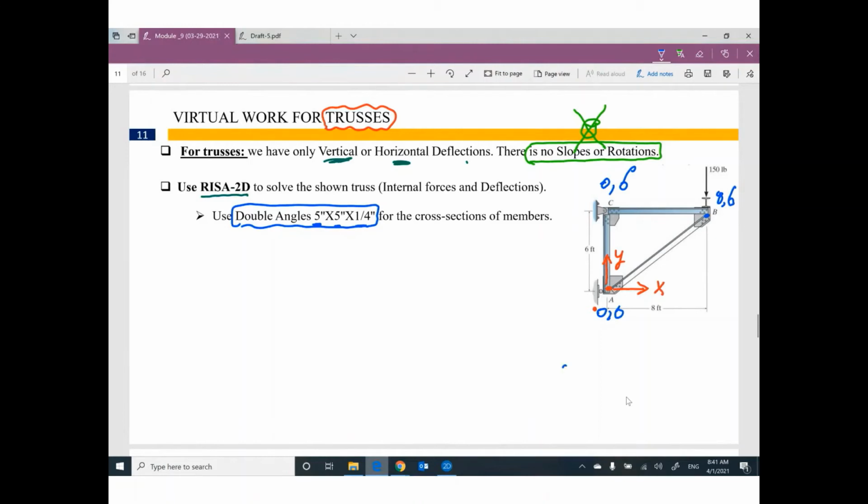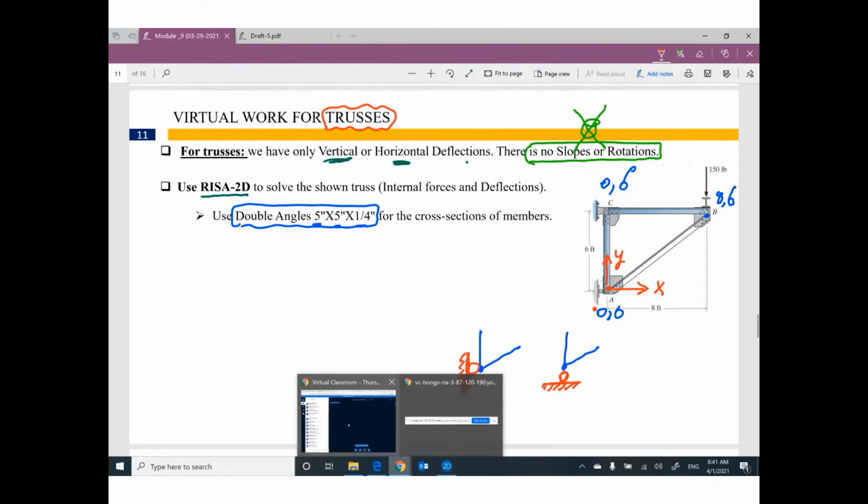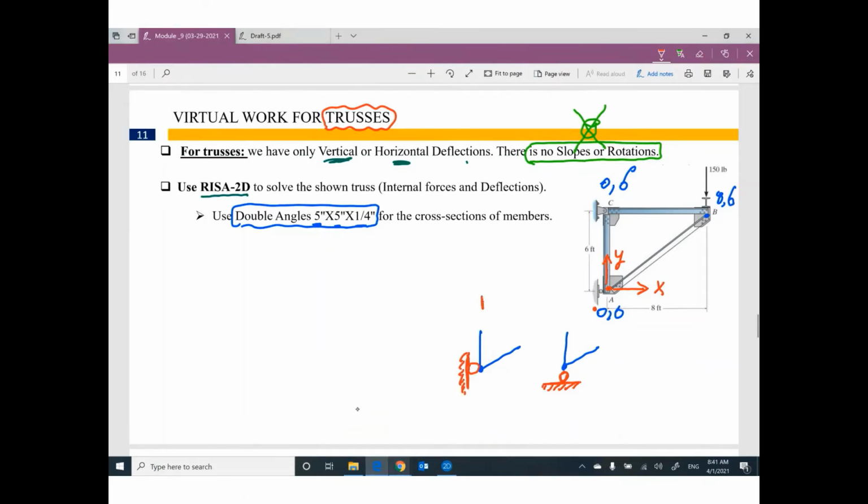What is the difference between this roller and this roller? Anybody can tell me what the difference is between the two rollers? I have case number 1 and case number 2.